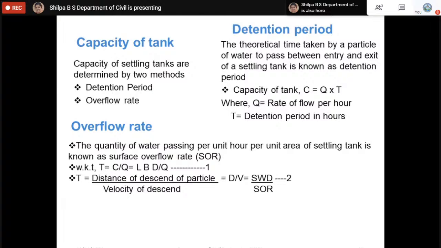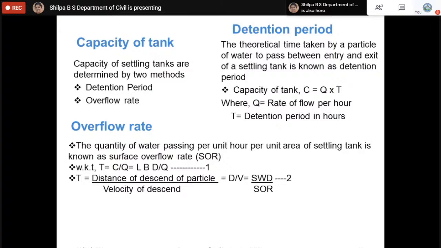The distance of descent of the particle is nothing but the depth of the tank, and the velocity of descent is the rate of settling of that particle. So D by V, that we can write as side water depth, SWD, by the surface overflow rate.